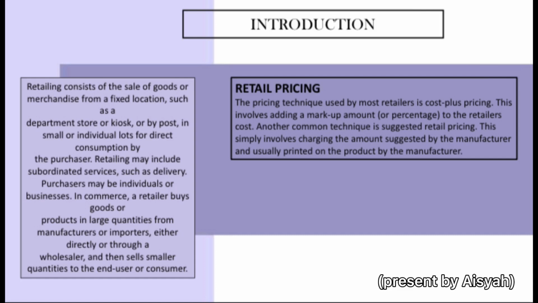Secondly is retail pricing. The pricing technique used by most retailers is cost plus pricing. This involves adding a markup amount or percentage to the retailer's cost. Another common technique is suggested retail pricing. This simply involves charging the amount suggested by the manufacturer and usually printed on the product by the manufacturer.